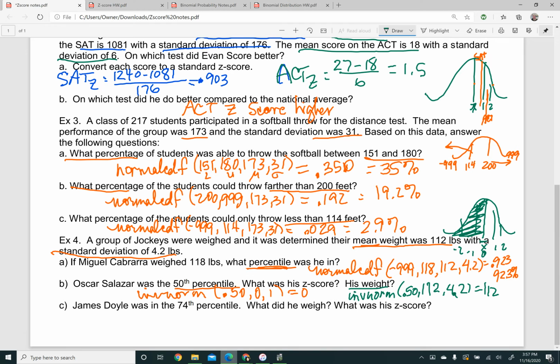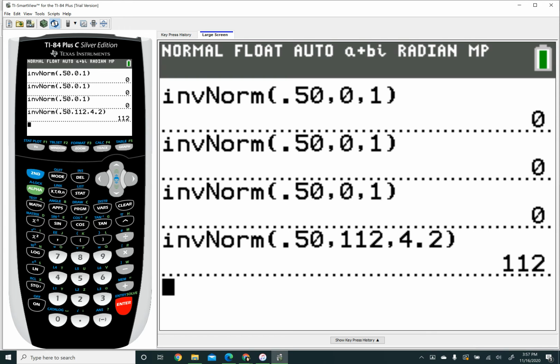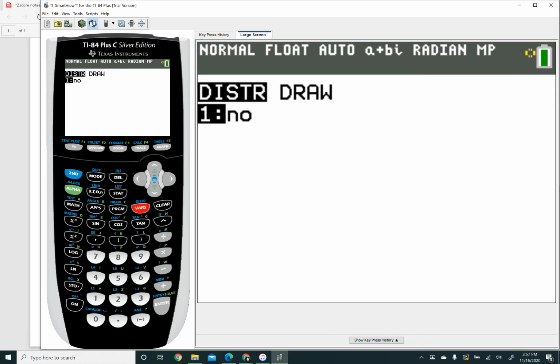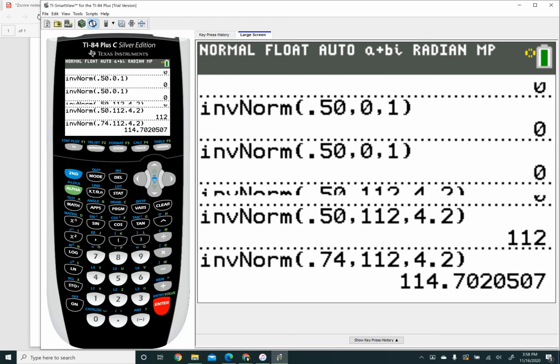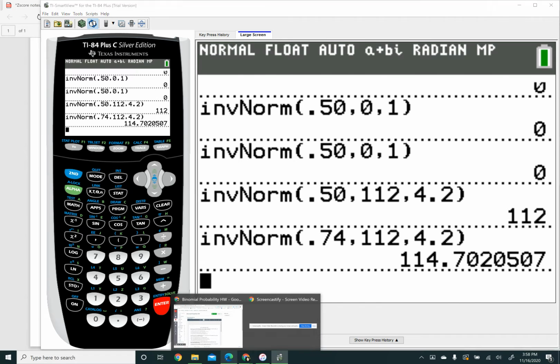Now, the last part says James Doyle was in the 74th percentile, so we're doing inverse norm again. What did he weigh? Because we want to know an actual value, we're going to do 112 and 4.2. He's in the 74th percentile. So he weighs 114.7 pounds.